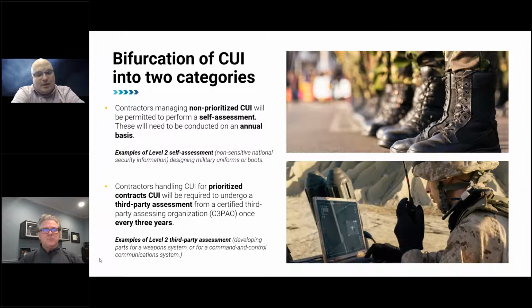That being said, talk to your prime contractors. They're going to tell you what their expectation is for how quickly they want things implemented. But the point is that if you are self-assessing, you now don't have to hire the third-party assessor.